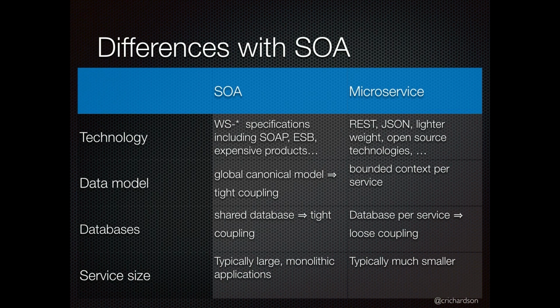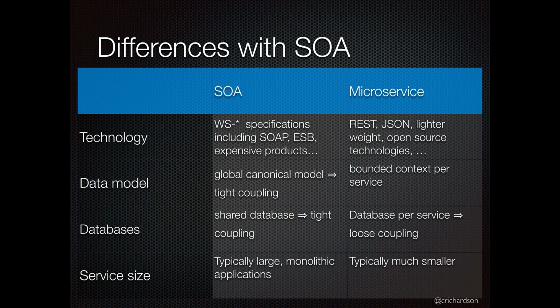Whereas in microservice architectures, each microservice is a bounded context, to use a term from domain-driven design. It has its own model that's somewhat private to it. And so they tend to be loosely coupled.